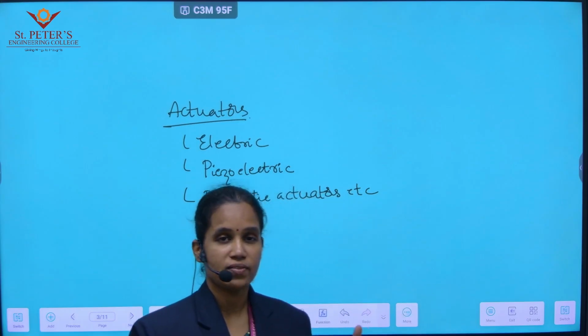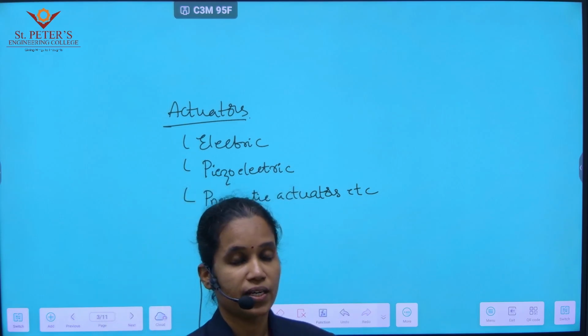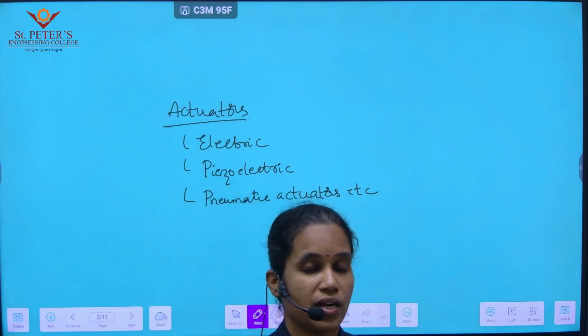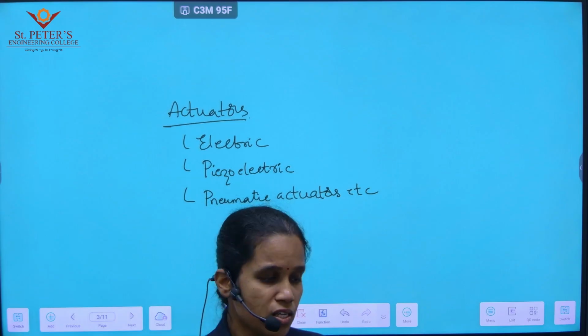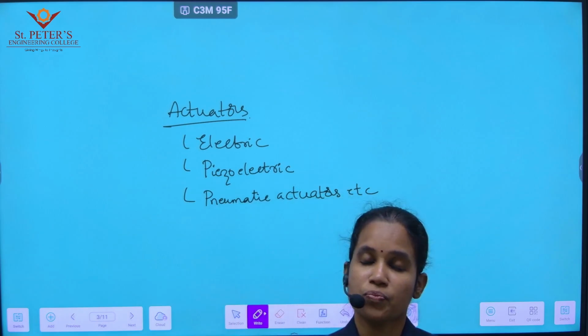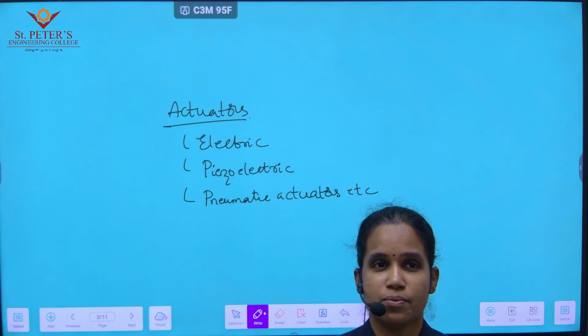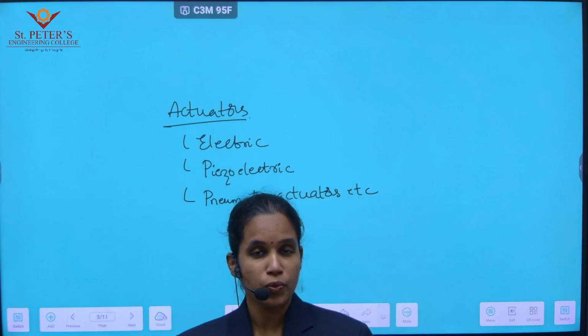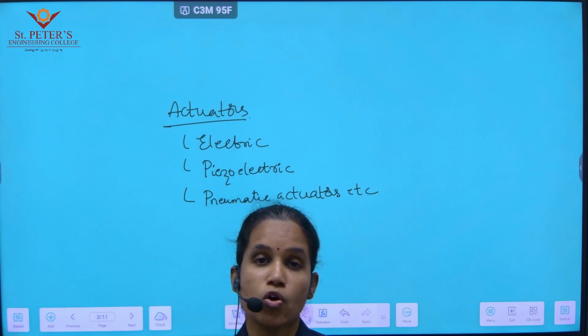So this is about the actuators. Now I have discussed sensors and actuators. What is the second thing that every IoT system or every IoT device should possess? It should have some software in it. Software is nothing but the protocols. In an IoT system, the communication protocols define how two devices talk to each other.